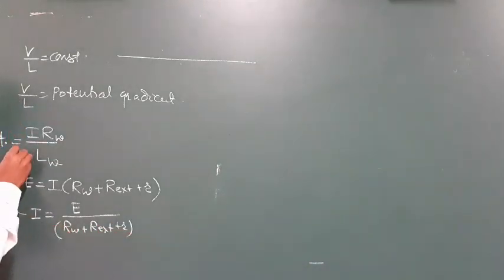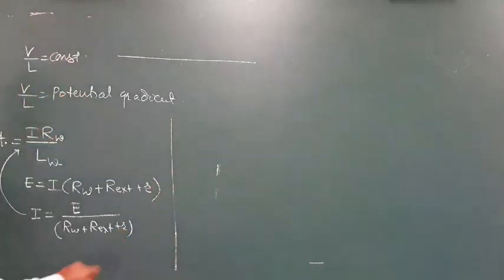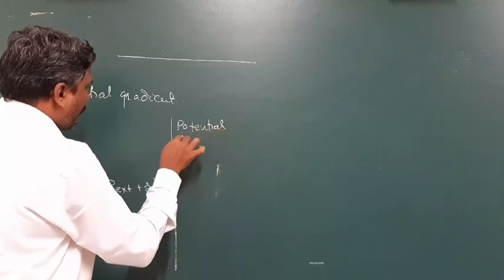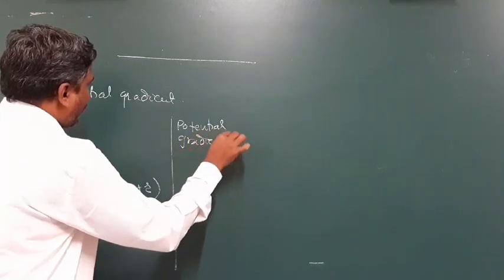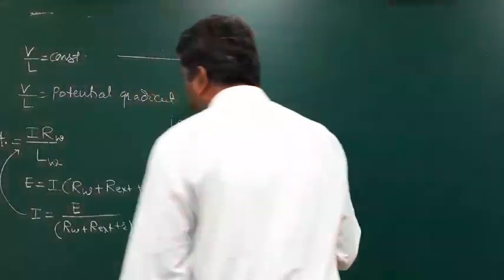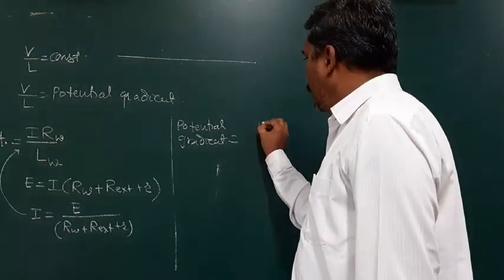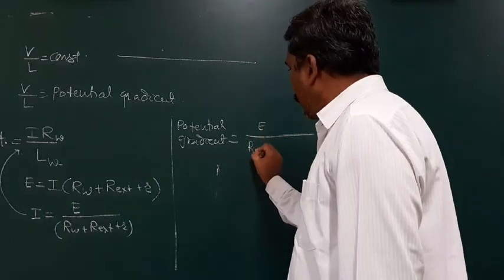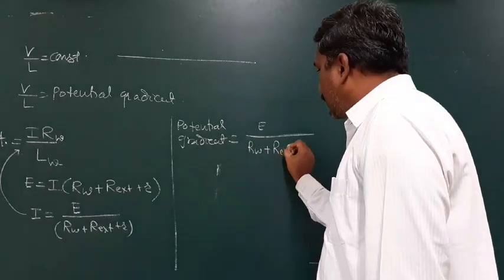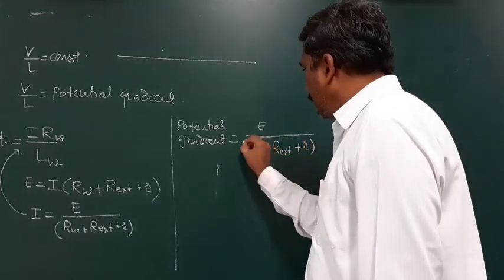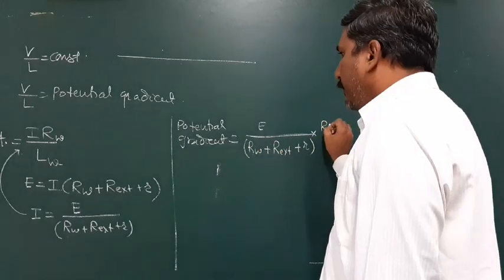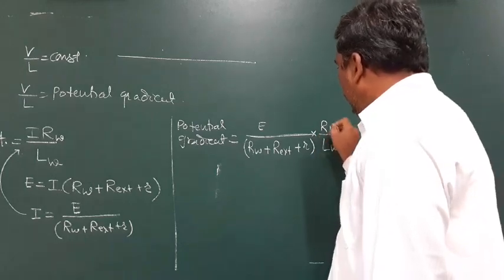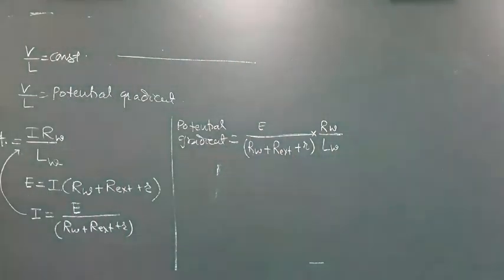I am substituting the value here. Then I am getting the potential gradient equals, substituting the value of I, E divided by resistance of wire plus external resistance plus internal resistance, multiplied by resistance of wire divided by length of wire, and this term is always a constant.